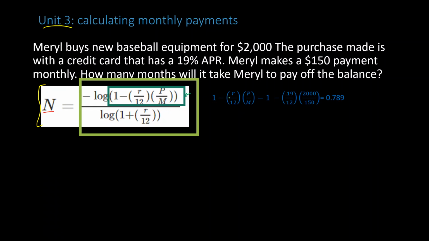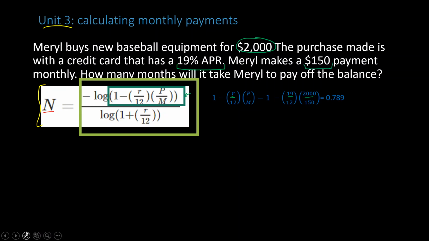So r is rate, in other words, the APR. That rate is 19%, but we switch it to decimal form of 0.19. So I plugged in r divided by 12. P is this principal of $2,000, and that gets plugged in here. Divided by M, the monthly payment that he's making.